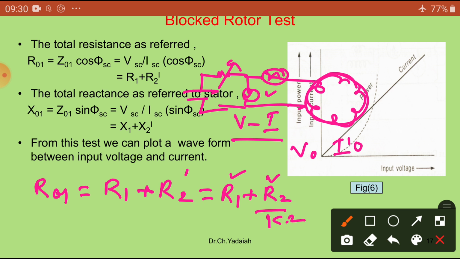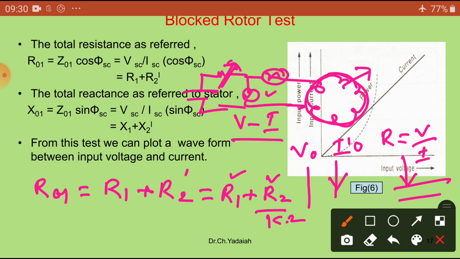Because it is DC, R is equal to V by I. By changing the variac, I get different voltages and correspondingly different currents, and so different values of R. Average them, and you get the resistance of this winding without any leakage reactance. That is the main aim of this test.